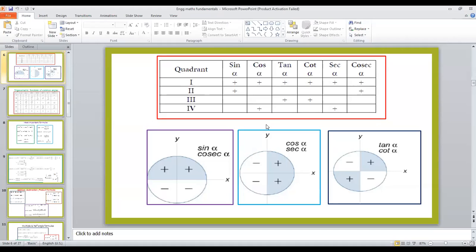Maybe you have studied that same in which standard? Can anyone remind me in which standard you have studied that? 11th standard. Yes, absolutely, you are correct. Also at secondary, you studied.